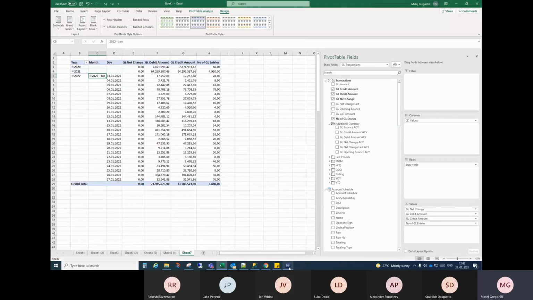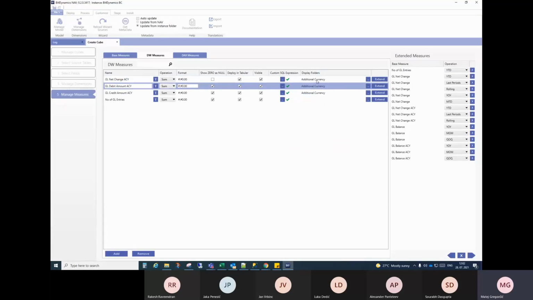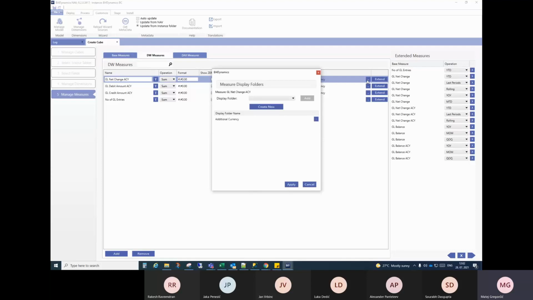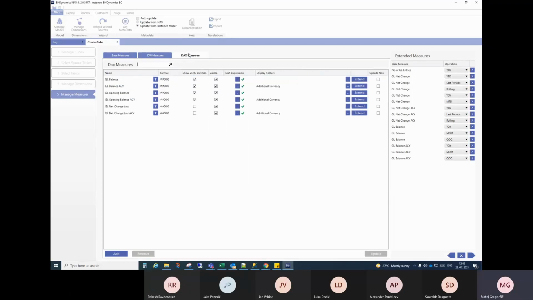Again, this is something that is only visible on the reports. Okay, and we can add a new display folder, we can use existing ones and so on. This is the display folders.